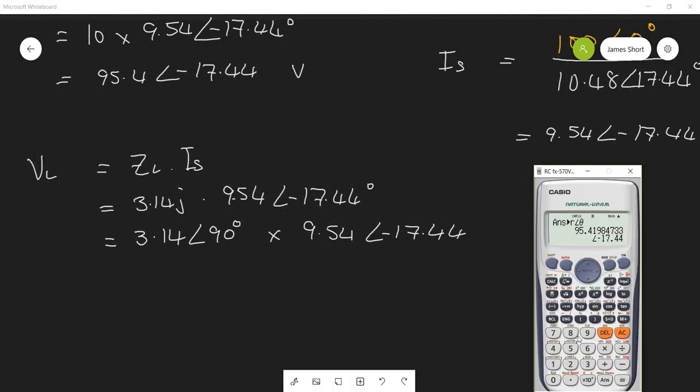So let's do a calculator. So we've got 3.14 at a phase shift of 90 degrees.